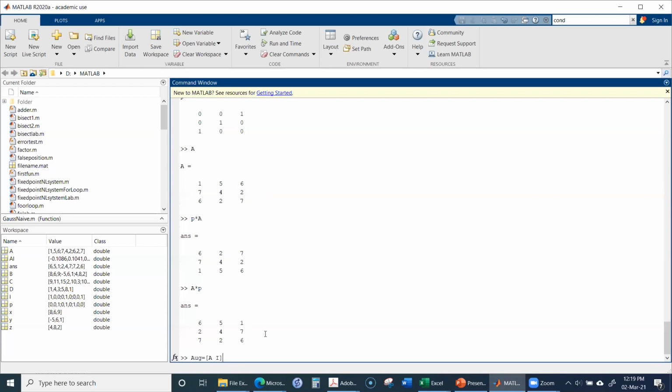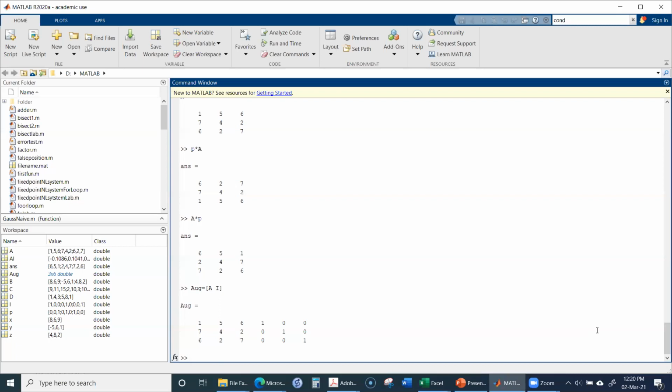If I want to put it in augmented matrix form, I will just put A, I. So that will be the augmented matrix. In your linear algebra course, we used this augmented matrix to manually find the inverse of the matrix. So these types of operations can be used for matrices in MATLAB.